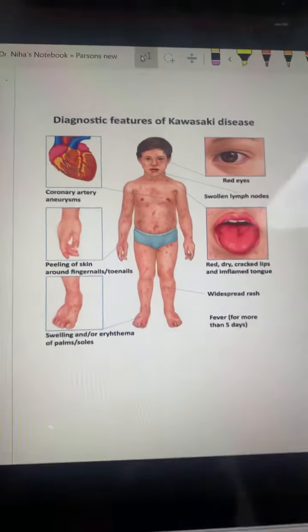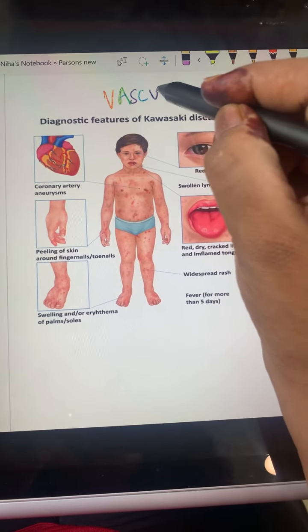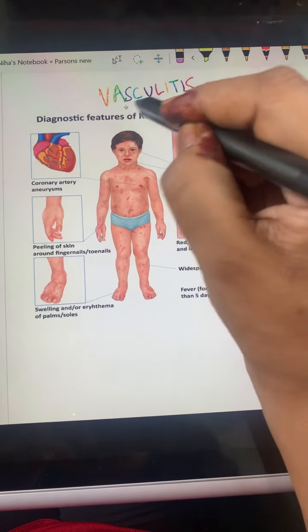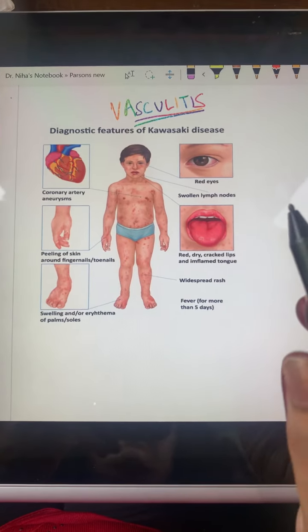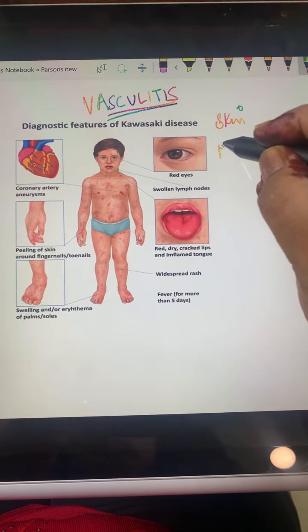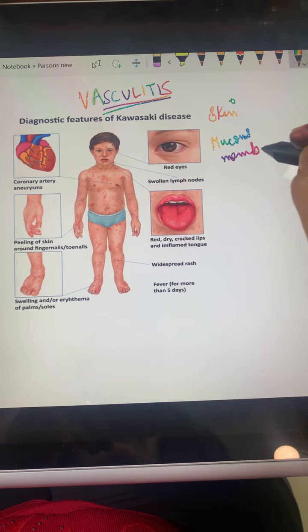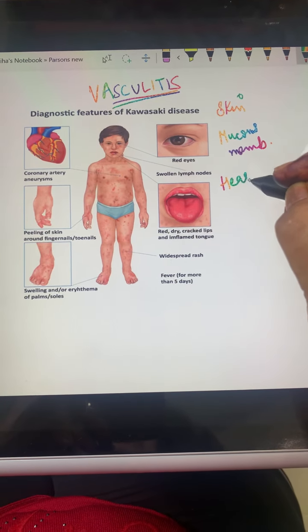The basic problem that you get in cases of Kawasaki disease is vasculitis. That is the main pathology. Basically skin is involved, mucous membrane is also involved, and then very important is your heart.